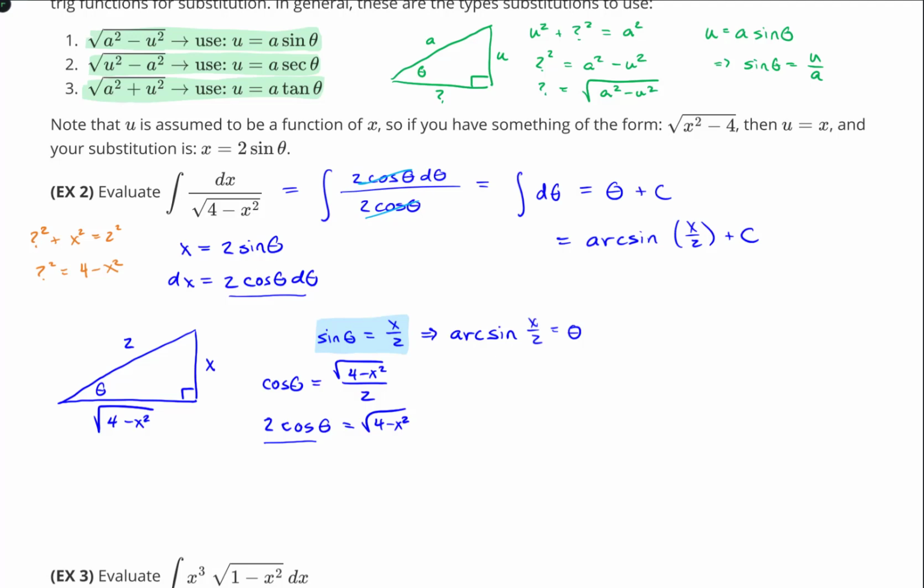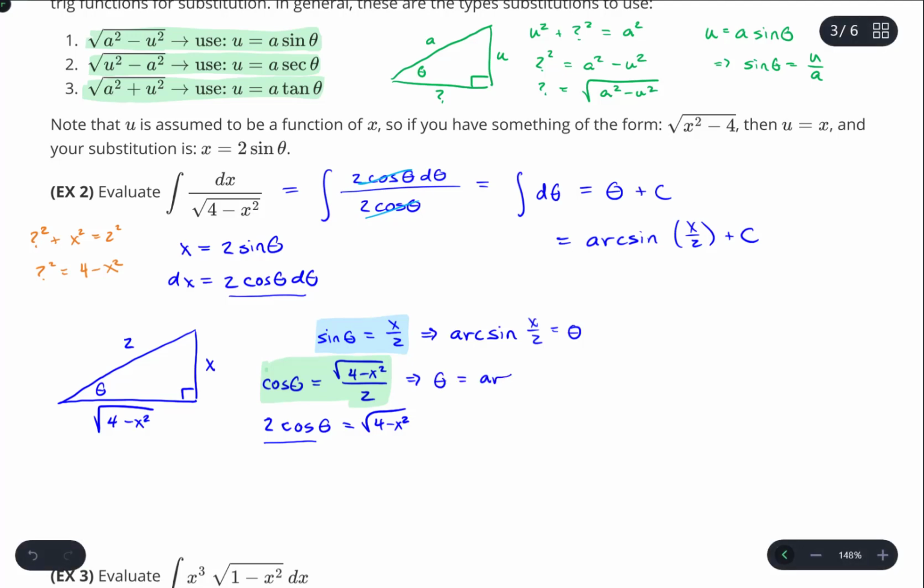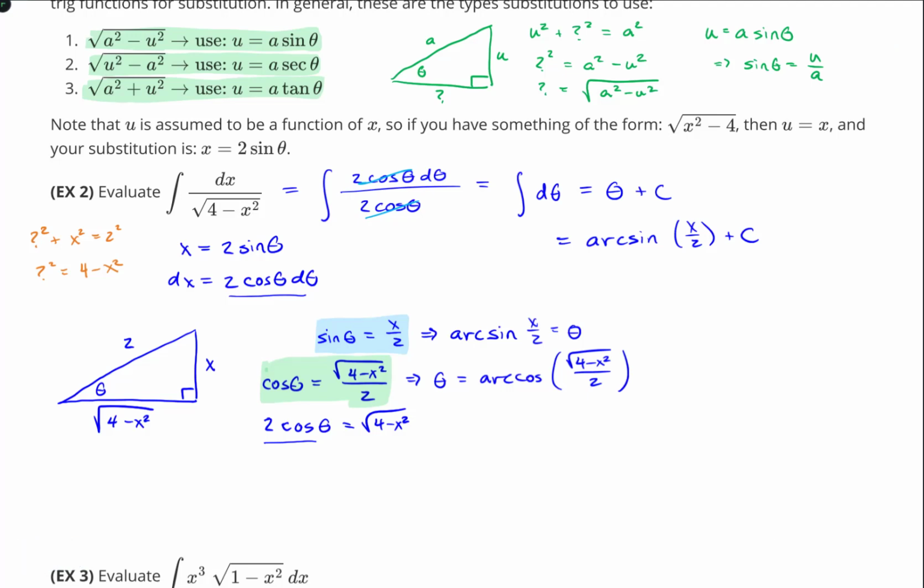Now, it is actually possible to get a different response. For instance, if I had chosen to solve this equation for theta, I absolutely can. I would take the arc cosine of both sides, and I would end up with theta equals the arc cosine of the square root of 4 minus x squared all over 2. And that's a perfectly valid thing to write in for theta as well.